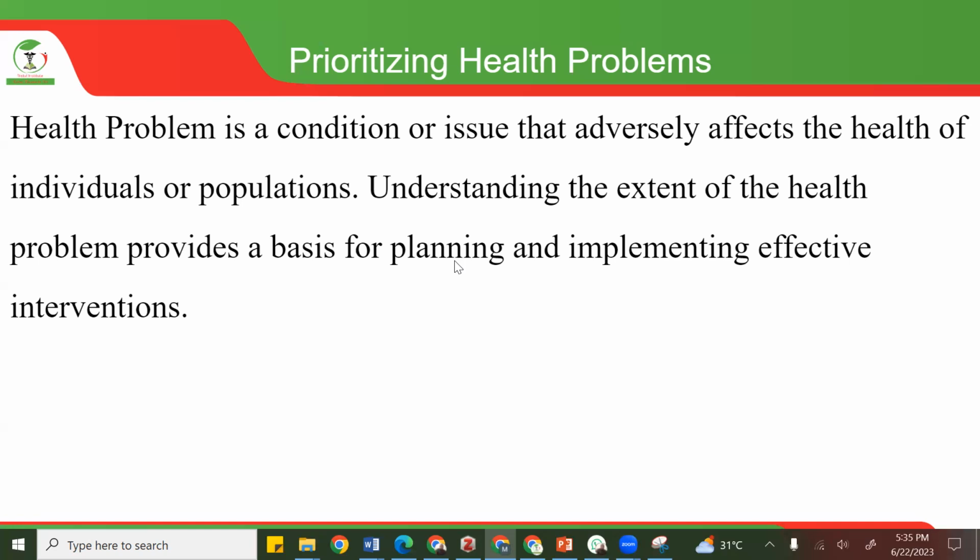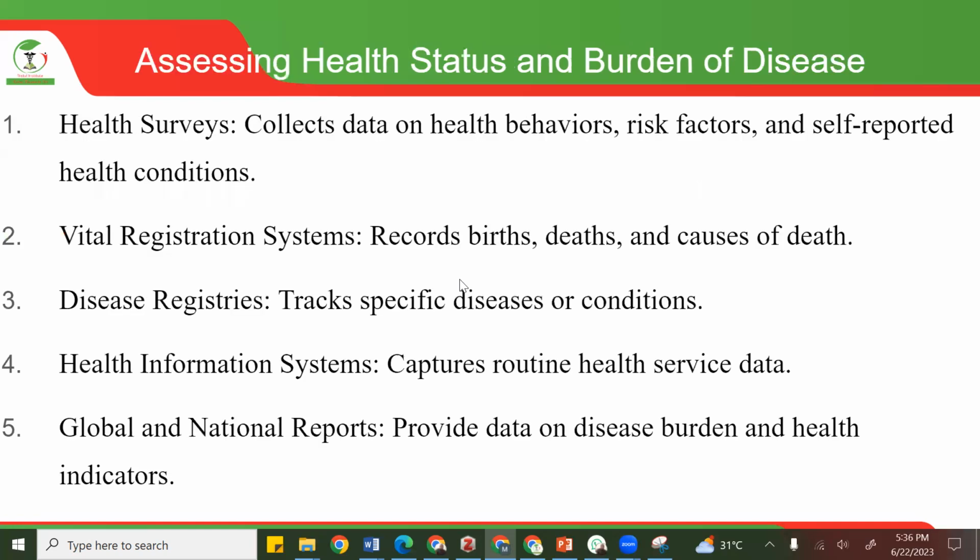Understanding the extent of the health problem is very important because it is only then that we can plan and implement programs that are efficient and effective in addressing the health problem that we have.